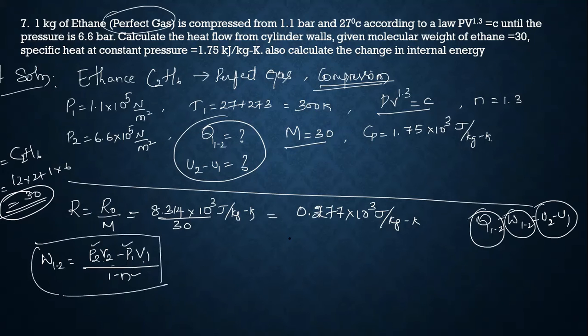We will get W. For the initial state, I can write P1 V1 is equal to m R T1. Therefore, V1 is equal to m R T1 divided by P1.